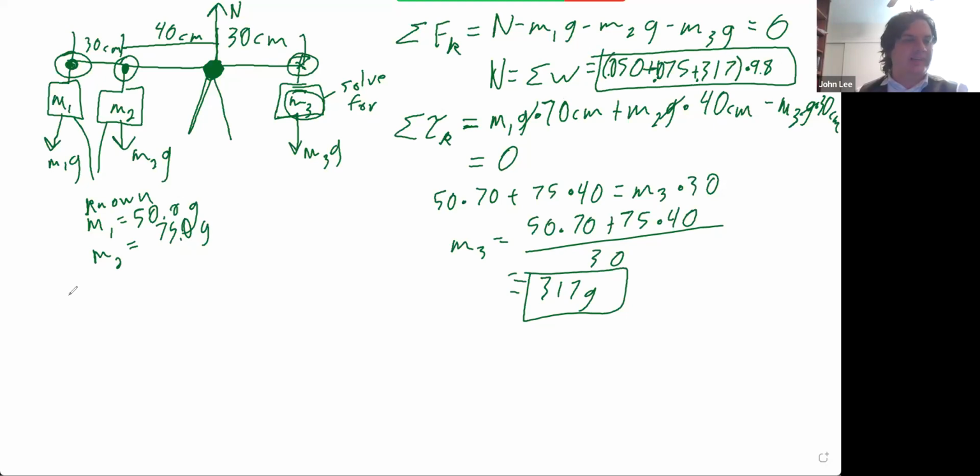Okay, so last thing before I move on to bulk moduluses and stress, it's just going to be a ladder resting up against a wall.